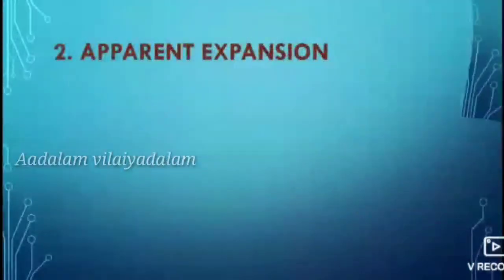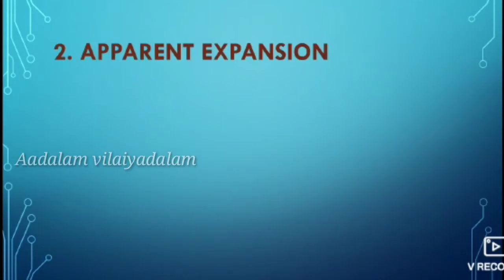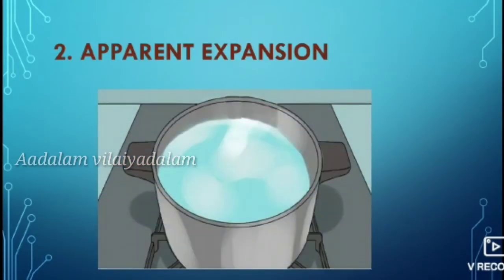And the second one is apparent expansion. If a liquid is heated with a container, a part of the thermal energy is used in expansion of the container and the other part is used in the expansion of the liquid. So the expansion of the liquid observed without considering the expansion of the container is known as apparent expansion. The SI unit of coefficient of apparent expansion is Kelvin power minus 1.